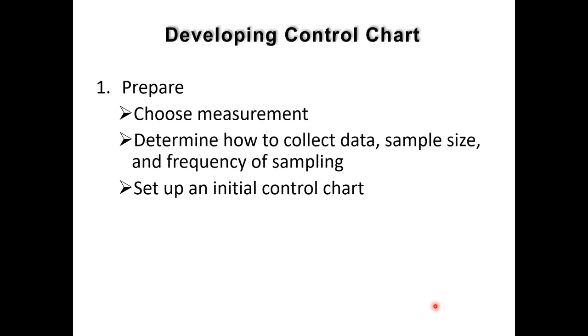Now, how do you develop a control chart, or rather, how do you establish a control chart? Number one, you choose measurement, as I told you just now. What will be your quality characteristic, what will be the measurement? In some cases those measurements can be in terms of continuous data, some could be in terms of attribute data.